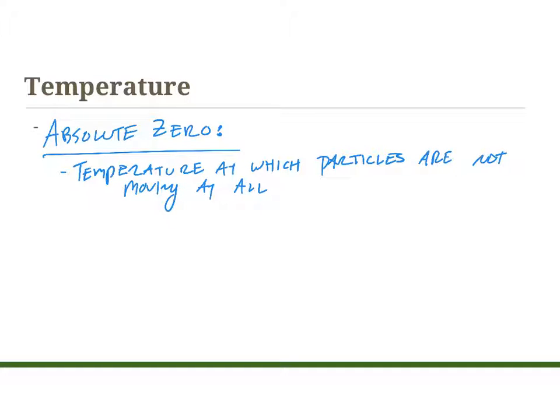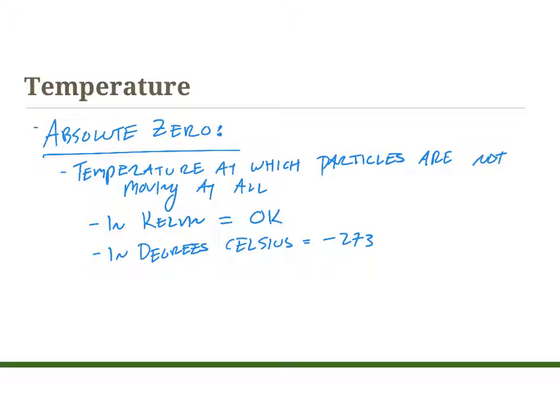Okay. The value of absolute zero in Kelvin is 0 Kelvin. The value of absolute zero in degrees Celsius is negative 273 degrees Celsius.